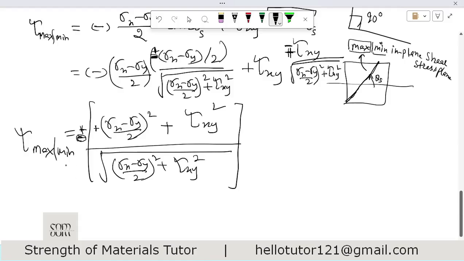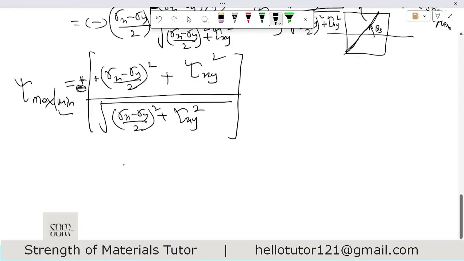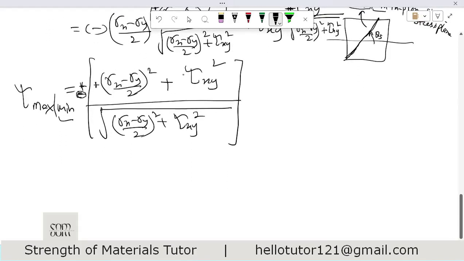Now we will see if we have a minimum shear stress or not, okay. So if you look at this carefully, let me simplify this, okay. So if we call this a, and this thing is square root of a, right, because they are the same thing, okay.